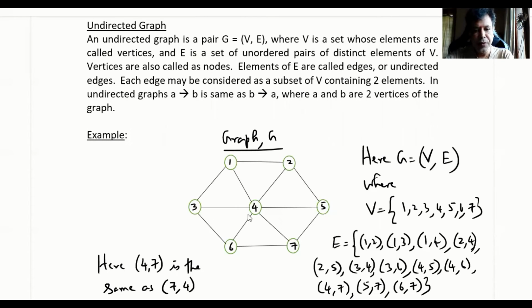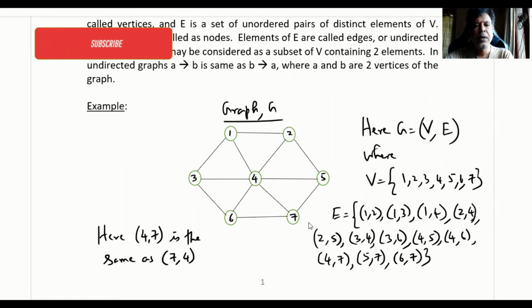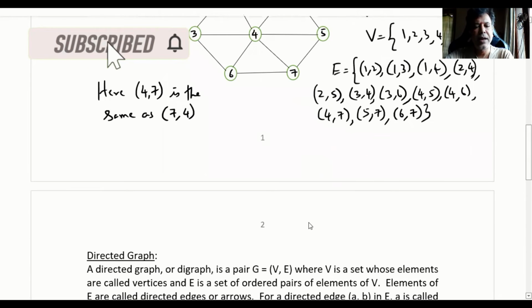Then we have 3 comma 4, 3 comma 6, 4 comma 5, 4 comma 6, 4 comma 7, 5 comma 7, and 6 comma 7. In this case, you may notice that 4 comma 7 is the same as 7 comma 4 because it is undirected.